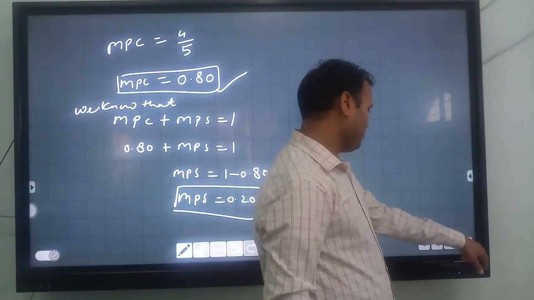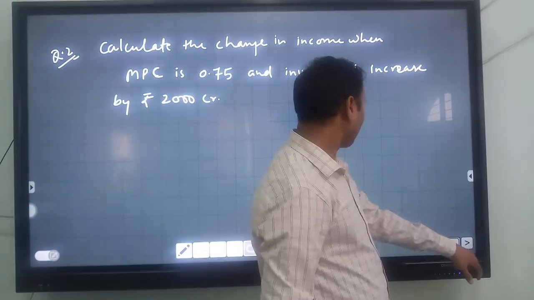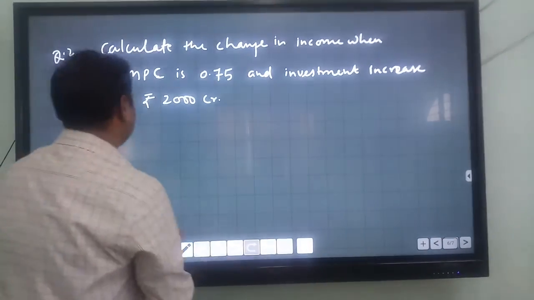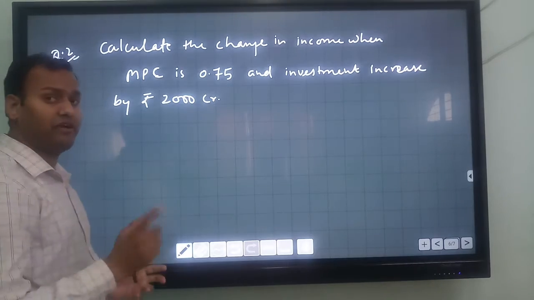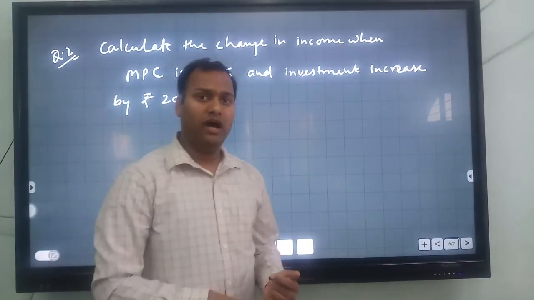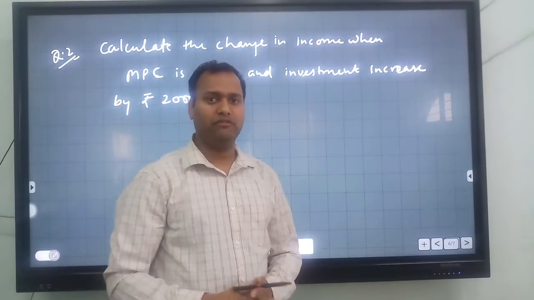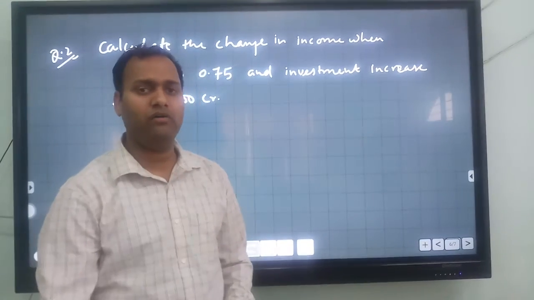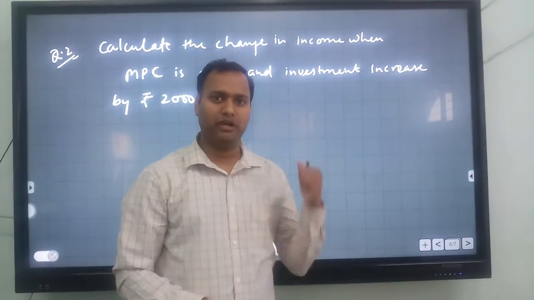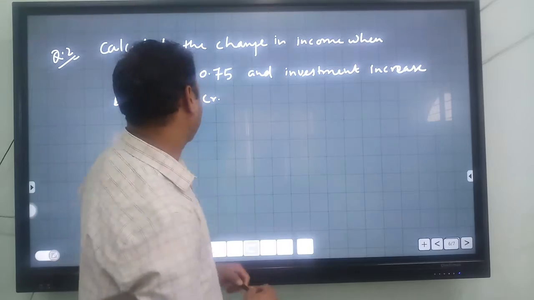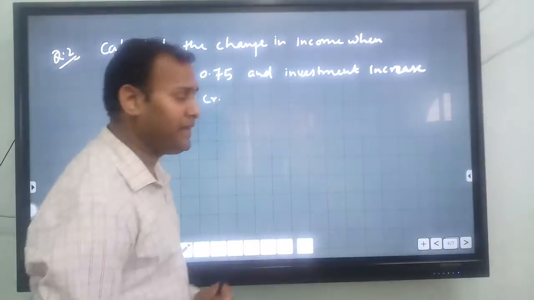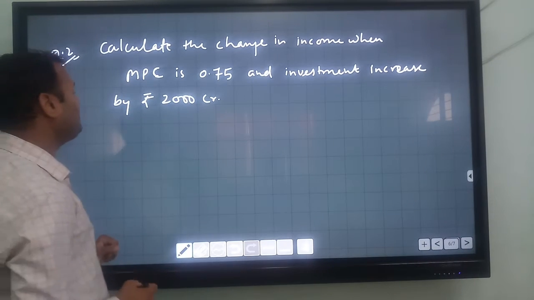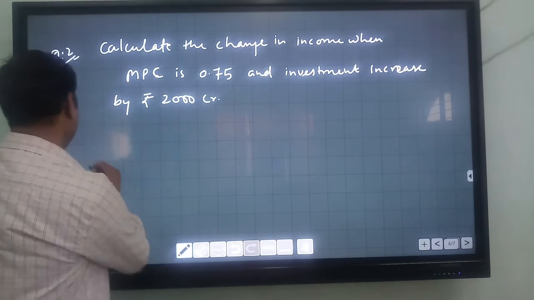Now one more problem is here. It is similar to that kind of problem, but in this question we are given the MPC. In the previous question we had to calculate the values of MPC and MPS. Now in this question we are given the value of MPC and we have to find out the change in income.